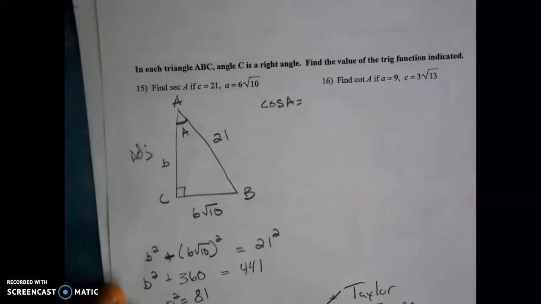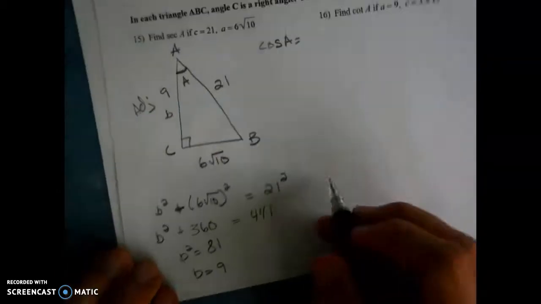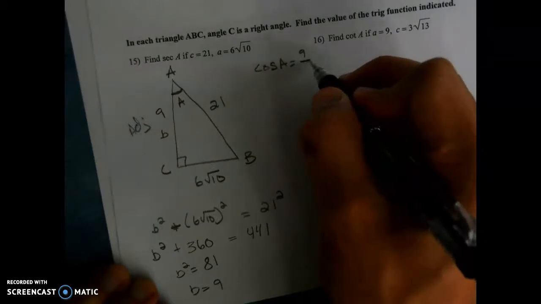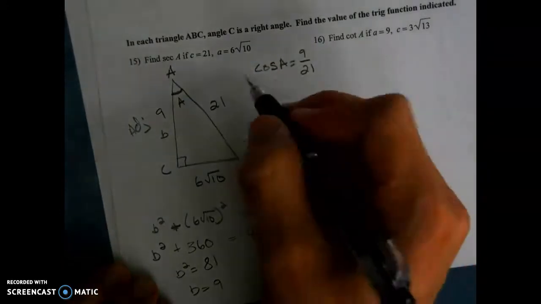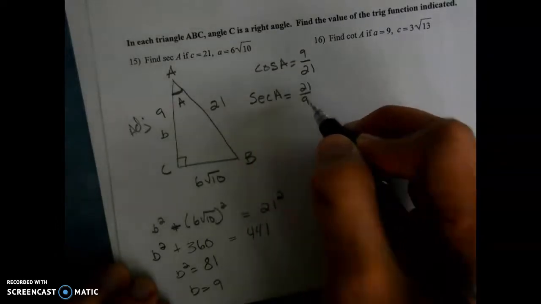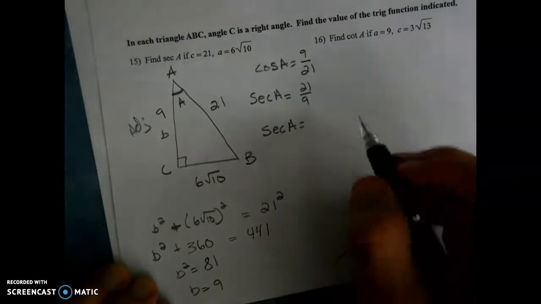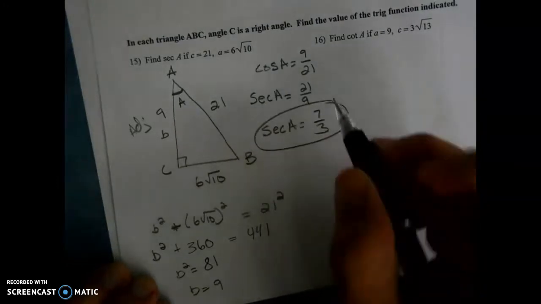That gives me 9. b is equal to 9. Okay, so we know this is 9. So that means the cosine is 9 over 21. So the secant is just the reciprocal of that. So secant of A is equal to 21 over 9. We can reduce that, simplify it. We get 7 over 3. Is our answer.